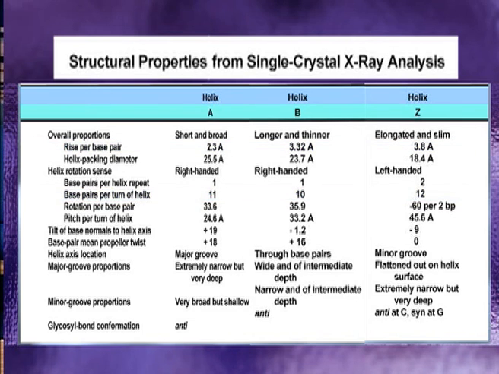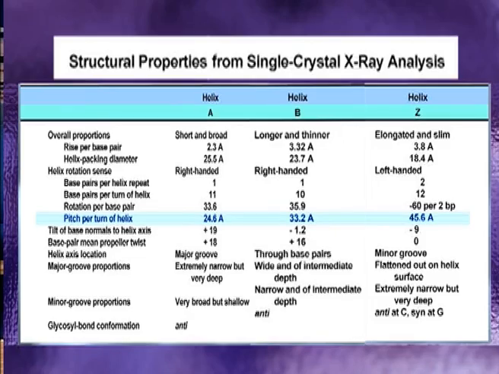Another important feature is the number of base pairs. In case of A DNA it is 11, in B DNA it is 10 and in case of Z DNA it is 12. So, in this way we can differentiate the different structural features of A, B and Z.